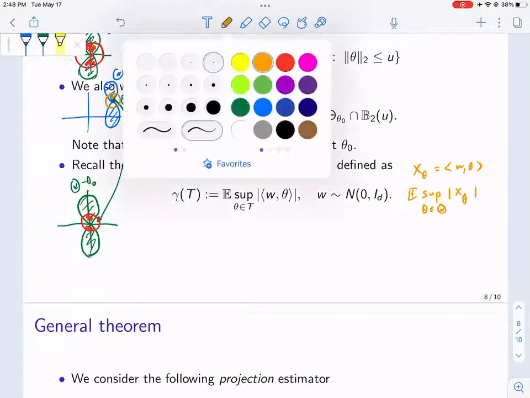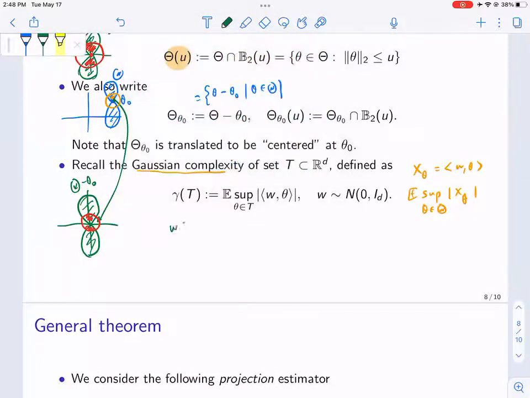Let me tell you about something else which is very much related, and this is easier to justify. It is called the Gaussian width, without the absolute value here. You can show that this is equal to 1/2 the expectation of the sup of W theta minus theta prime, with theta and theta prime in T. So this can be related to the other.